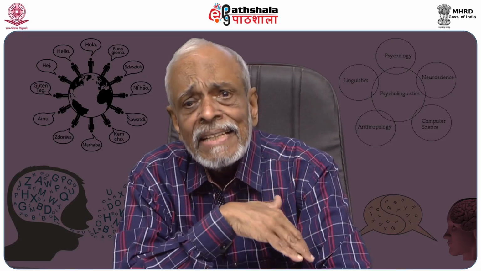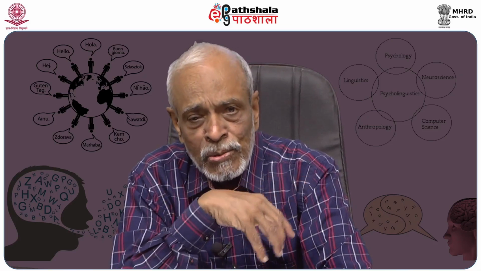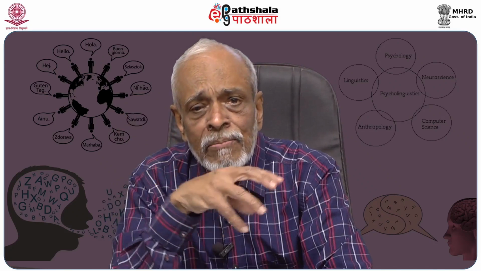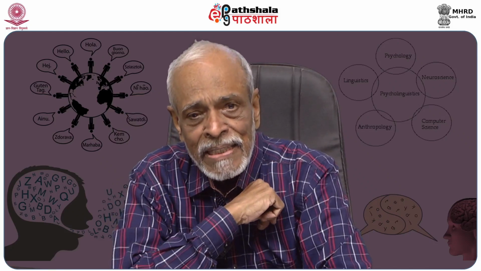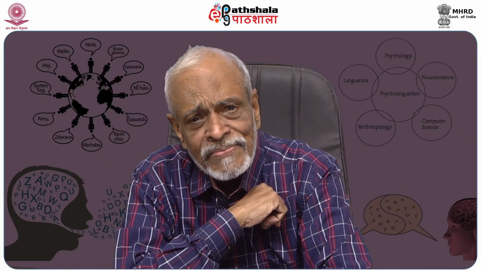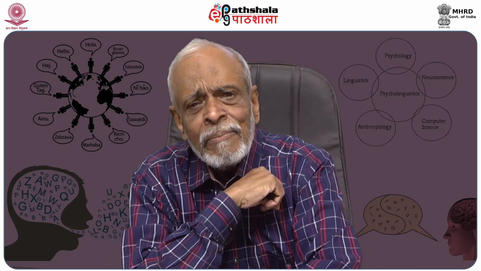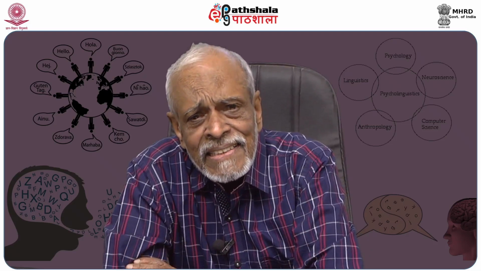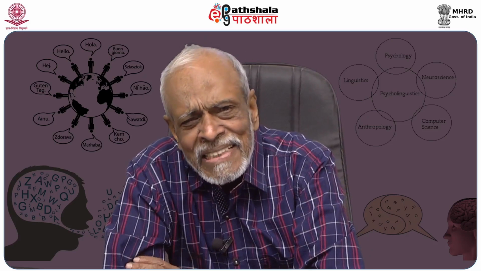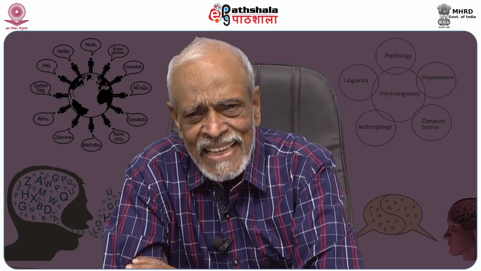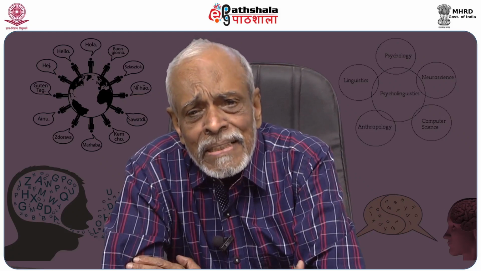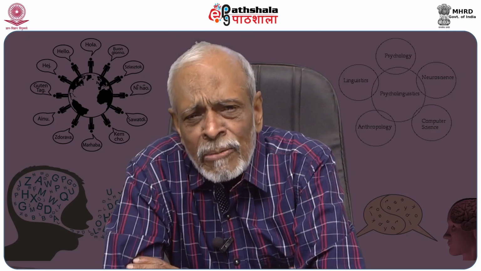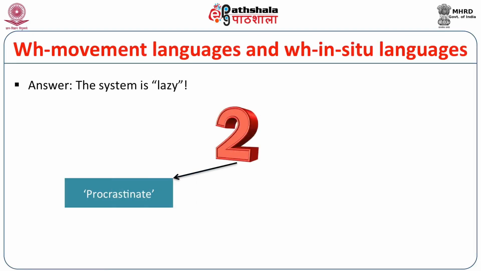It is not necessary for the WH phrase to move, but something seems to prohibit the WH phrase from moving to spec CP in our languages. What prohibits it? In minimalism, there is this interesting idea that there is a certain lethargy in the system. Lethargy means laziness in the system. A kind of least effort principle. If some effort need not be made, don't make it.